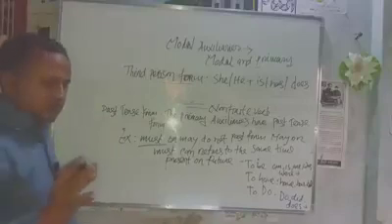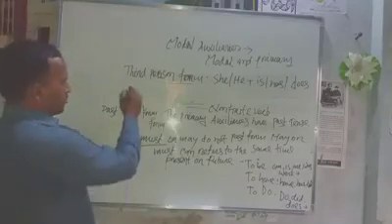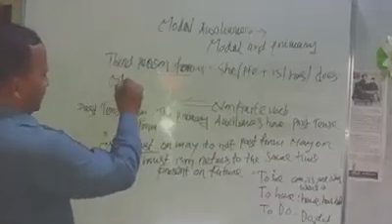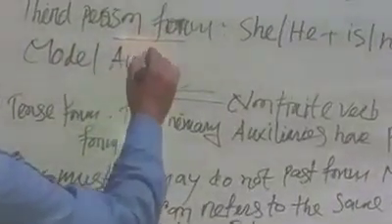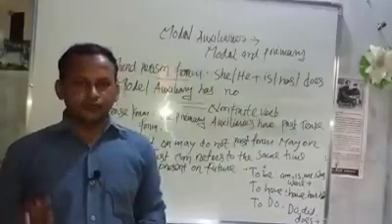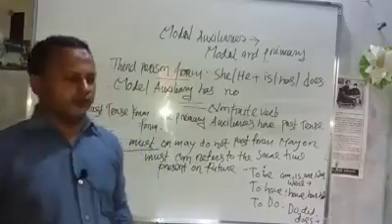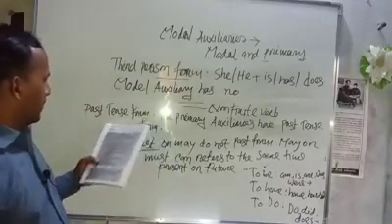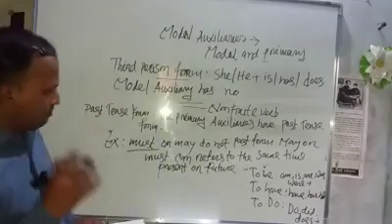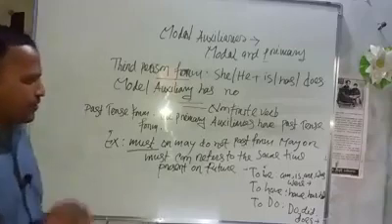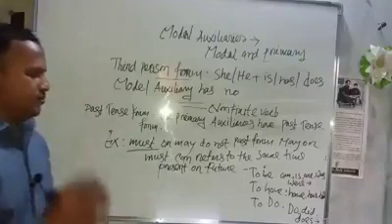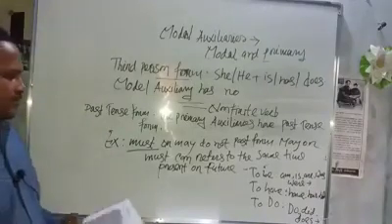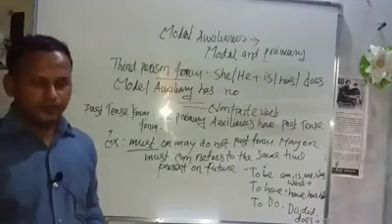Modal auxiliaries have no forms. Dear student, have a look, please, once again. Here the first tense forms must or may do not have a first form. May or must can refer to the same time, present or future.